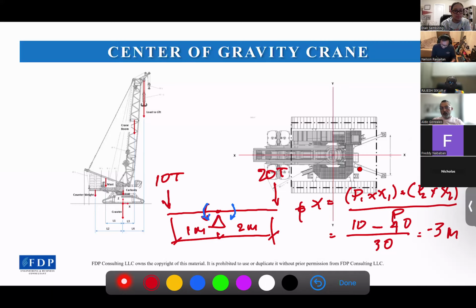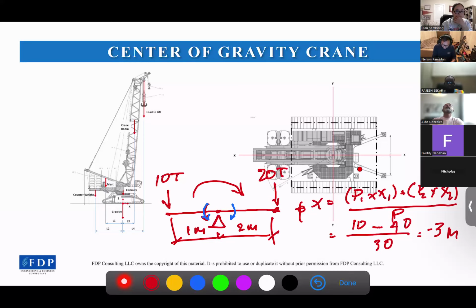So the COG will be here at the right side, then this member will be rotating to this side, because the dominant force is on the right side.